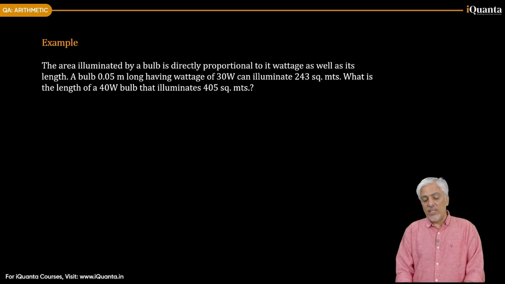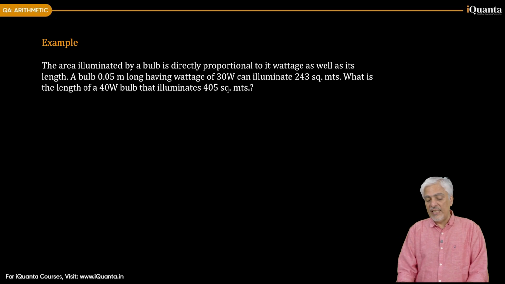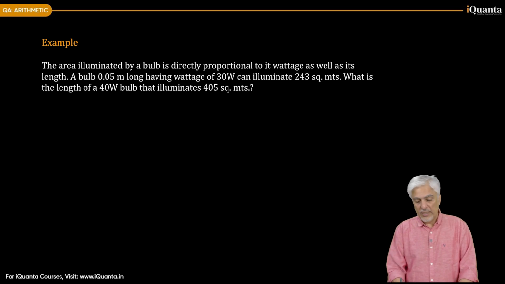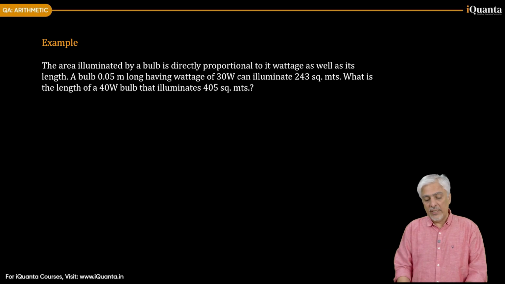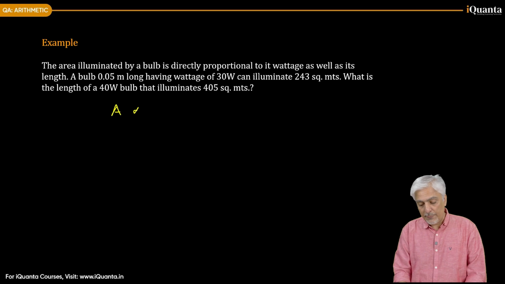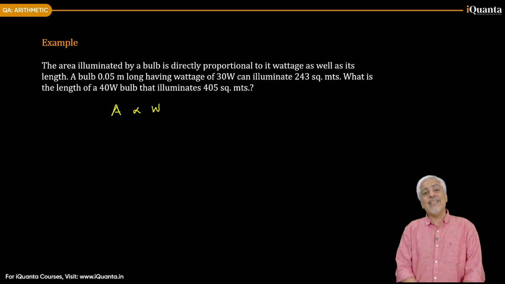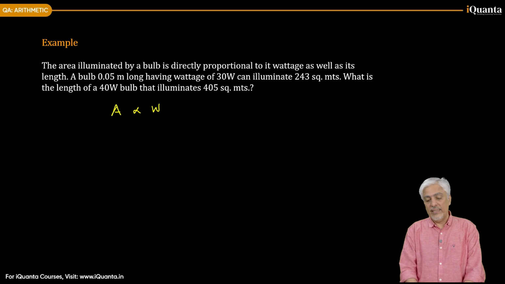The area illuminated by a bulb is directly proportional to its wattage. So suppose I have a bulb and it can illuminate some area. That area is directly proportional to wattage as well as its length. Now, how do you handle two things? It is proportional to wattage and length, which means you multiply.